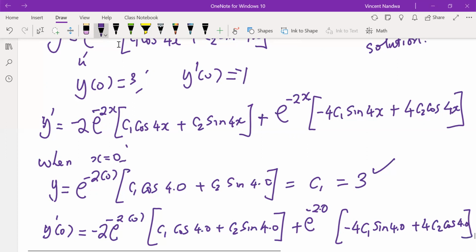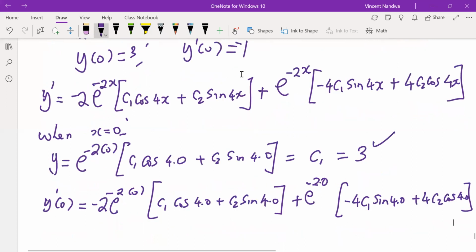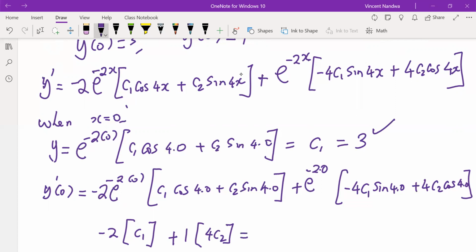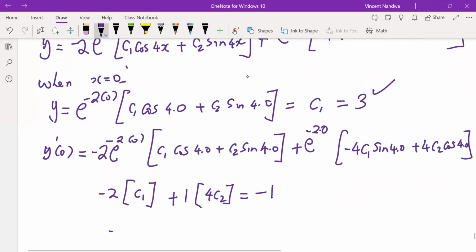And remember, that should give us negative 1 from the definition. So this would be negative 2 into, so this sine is 0, so this will be c1, plus this will be 1. This is 0, and then this is 4 c2, because cos of 0 is 1. This should give us negative 1. So negative 2c1 plus 4c2 equals negative 1.